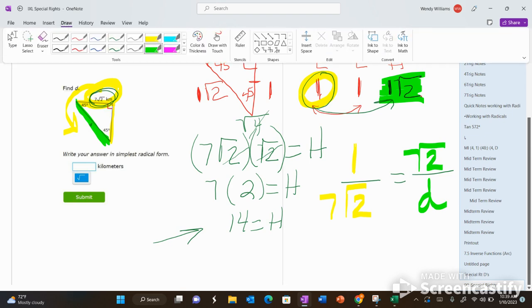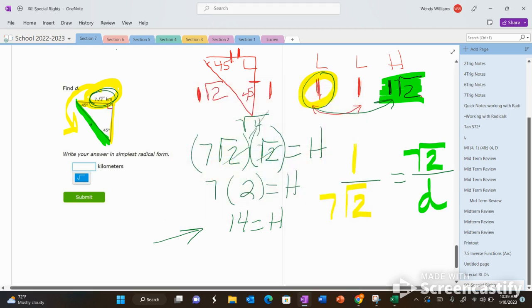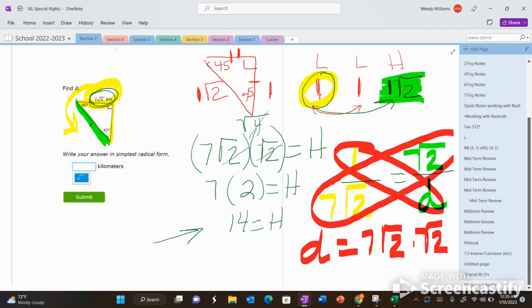Cross multiplying and solving. D times 1 is d. 7 square roots of 2 times square roots of 2.